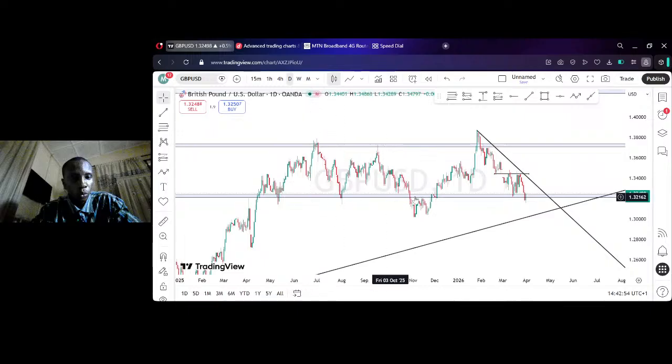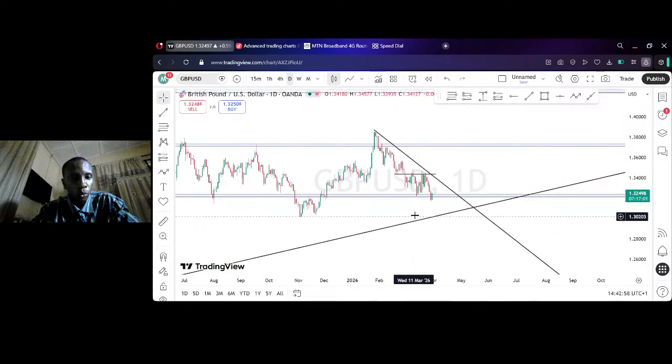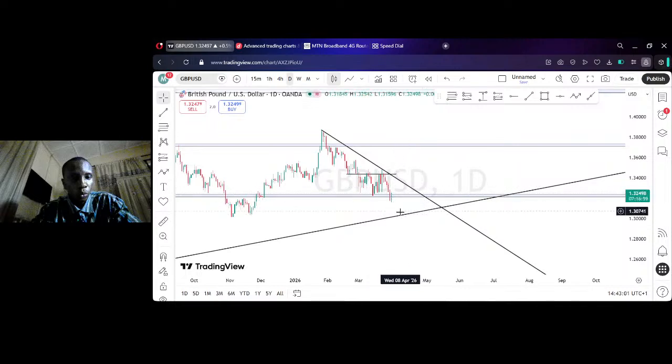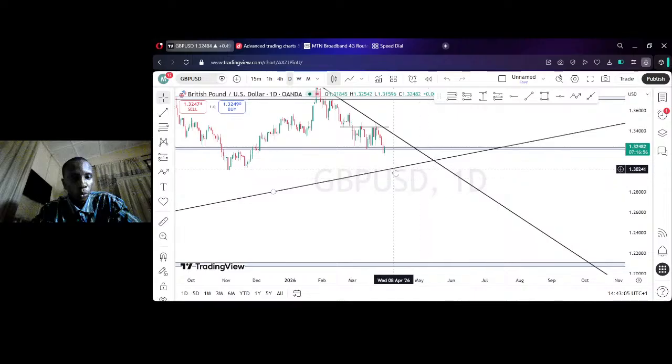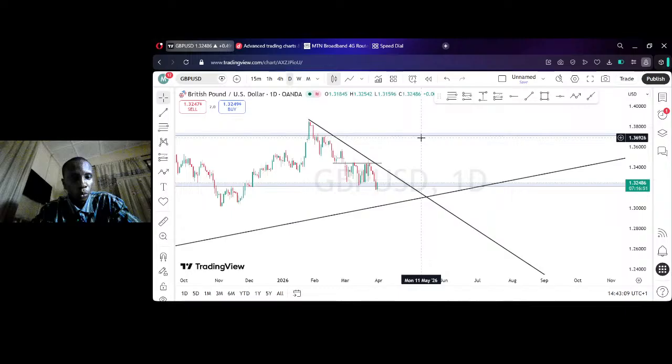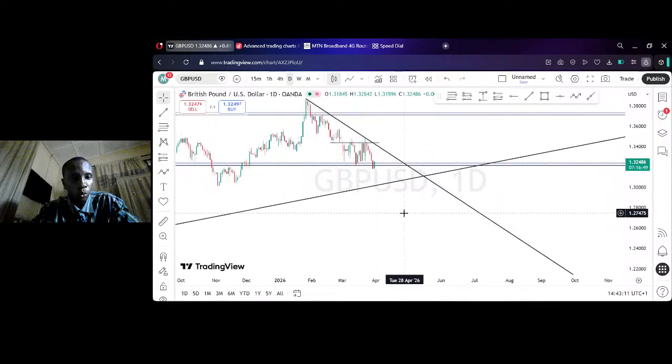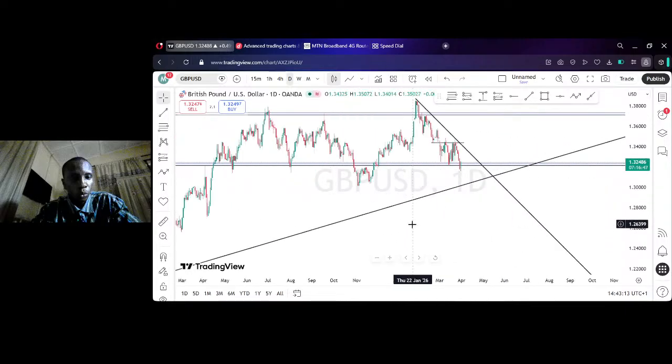As you can see, this is a strong level of resistance, and this is also a strong level of support. But if price comes here to test this trend line for the third attempt and bounces off this trend line, we are coming up. But if price breaks down, we are coming down.